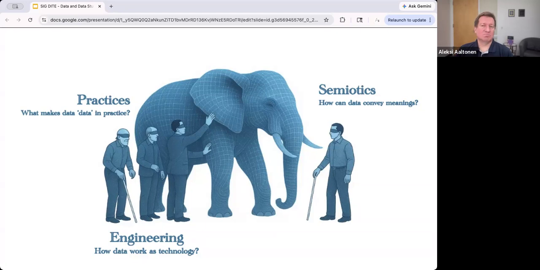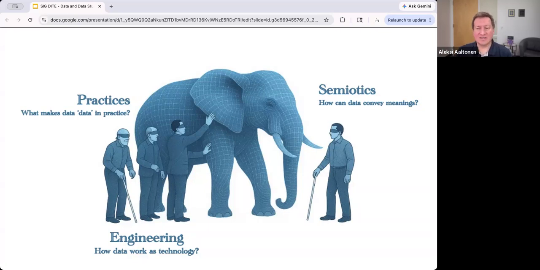And then, of course, data is a matter of practice. Just zeros and ones sitting on a hard disk somewhere don't do anything. They have to be embedded in organizational practices and put into practice. But you see, here we have three very different approaches in social sciences, like practice-based studies, semiotics, and engineering, that we need to understand data.